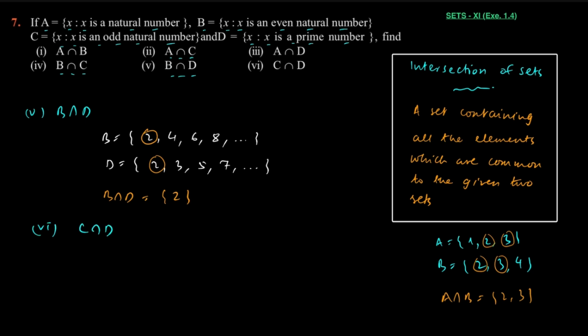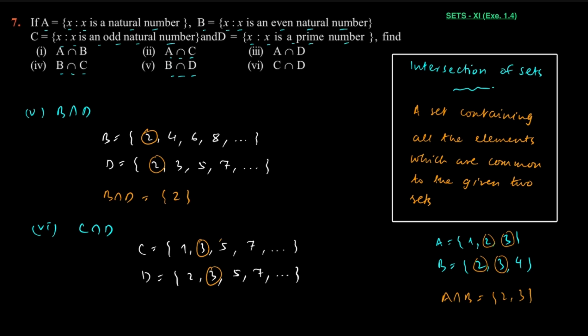Part number last. What is C intersection D? Set C is having elements as 1, 3, 5, 7, and so on. While as set D contains prime numbers, which are 2, 3, 5, 7, and so on. So what is the intersection?